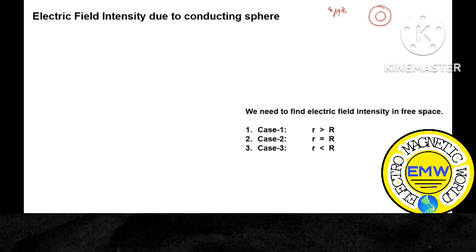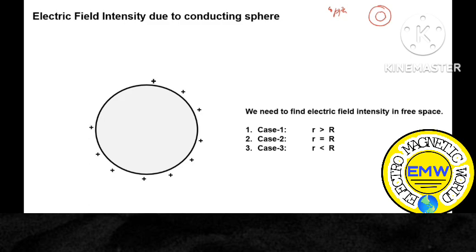If I take an example, this is a sphere and charges are either inside the sphere or outside the sphere. In this case, we are considering the charges over the spherical surface like this. Those charges are placed in this pattern on the sphere.